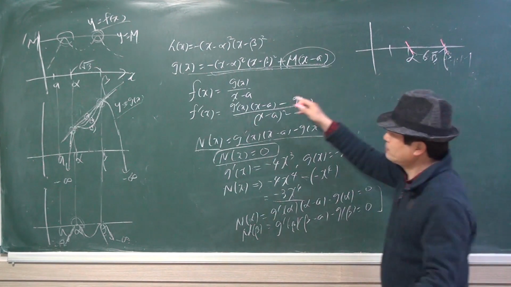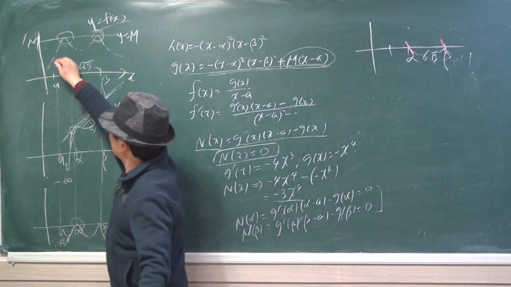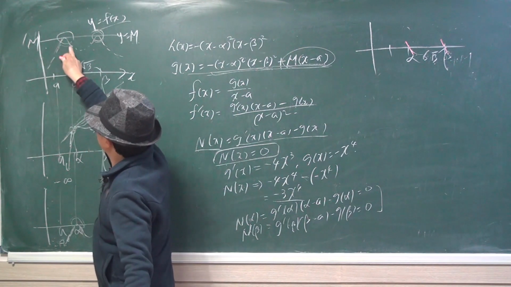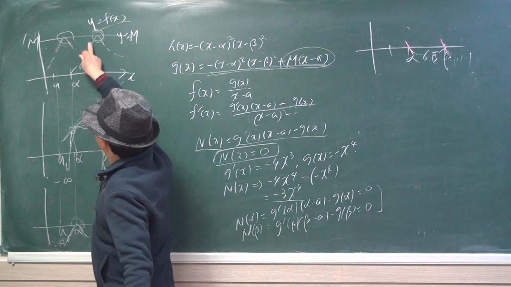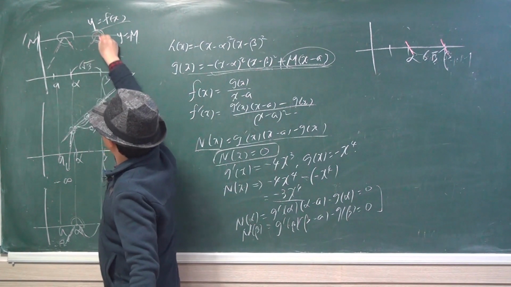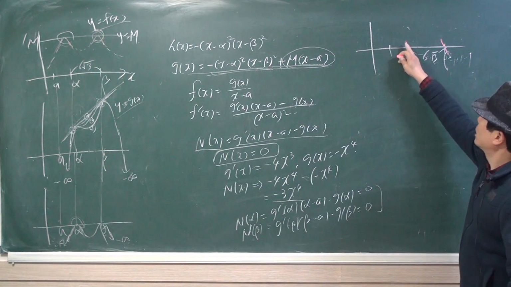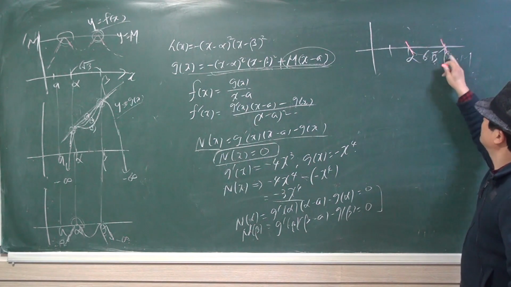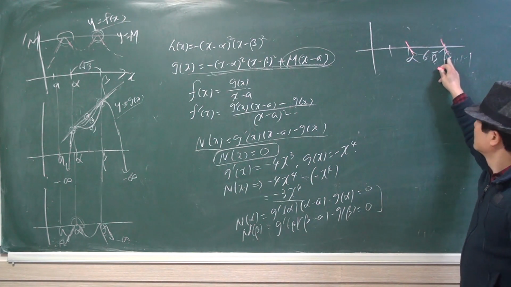So the tangential lines change from positive to negative, positive to negative.